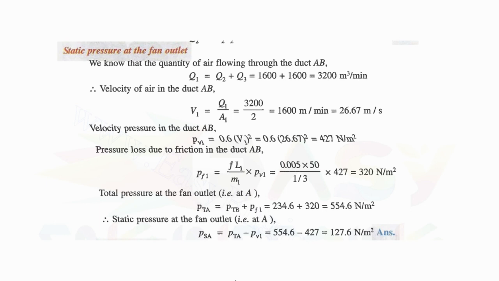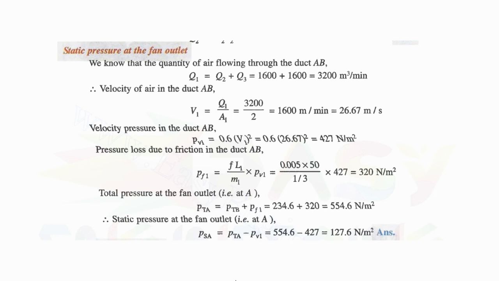Now the velocity of air in duct AB, V1, is equal to Q1 upon A1, which is 26.67 meter per second. Then the velocity pressure in duct AB, PV1, is equal to 0.6 into V1 square, which is 427 Newton per meter square. The pressure loss is given by PF1 equals F L1 upon M1 multiplied by PV1, here 0.005 multiplied by 50 upon 1 by 3.